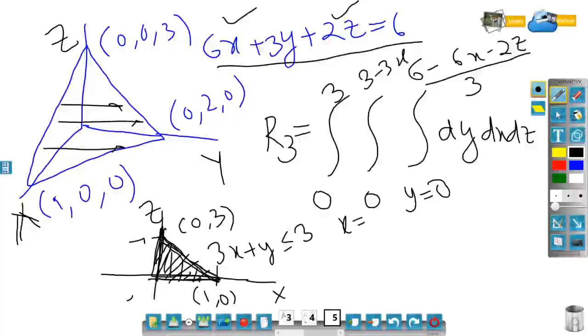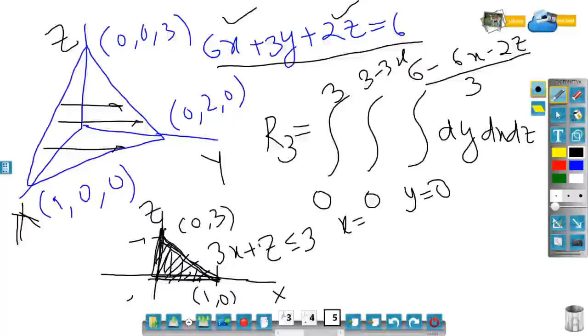Let me write down here what the projection will be. Since y is 0, 6x plus 2z is less than or equal to 6. And now any horizontal line, if I take dx dz, that means I am going with a horizontal line.